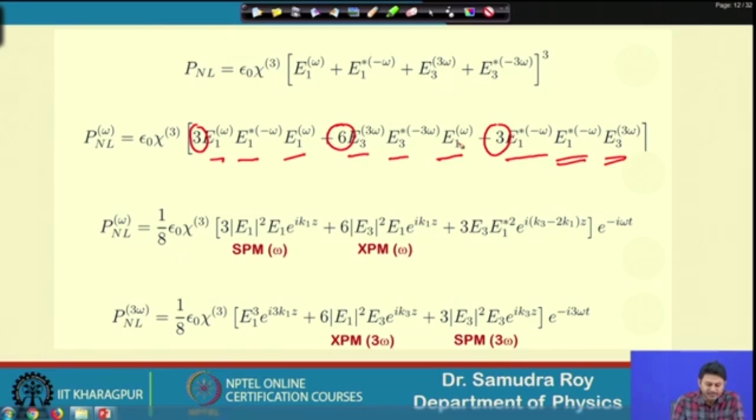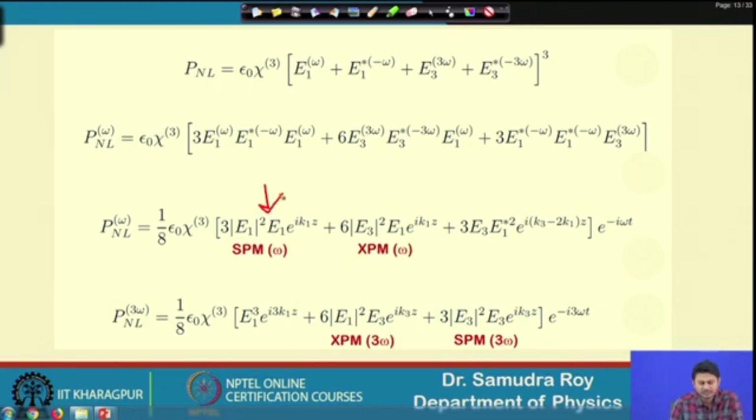So now if I collect all these terms, we will have a few terms here. The first term is mod of E1 square E1 with a multiplication of 3 and e to the power of i k1 z, because k1 z will be the phase term.